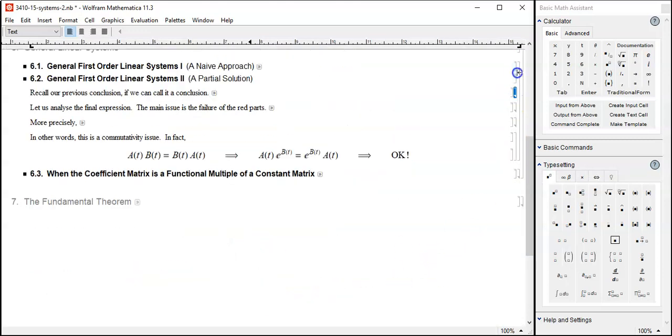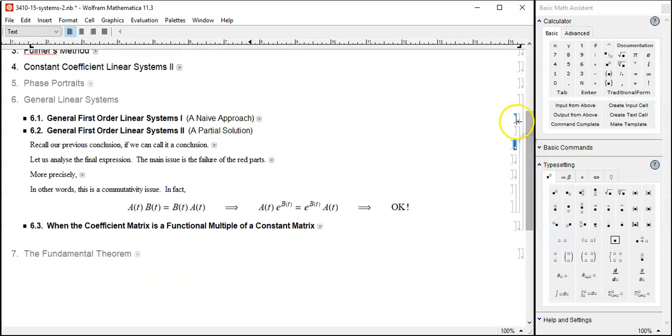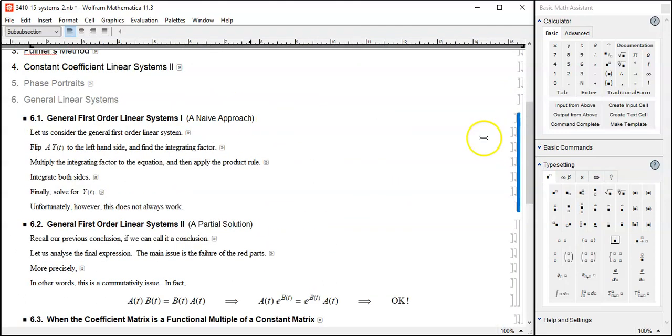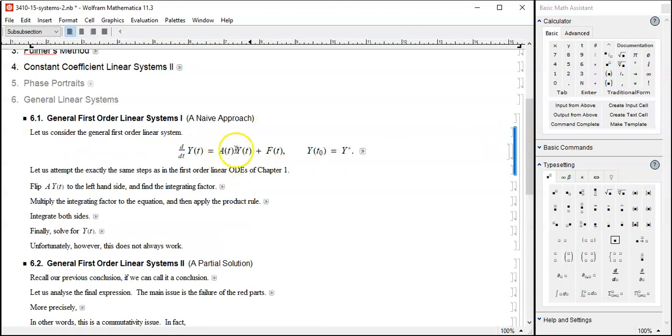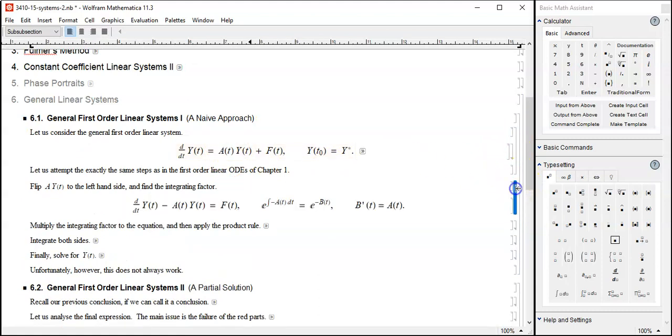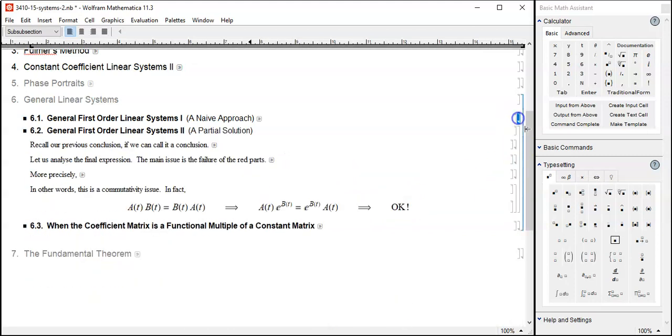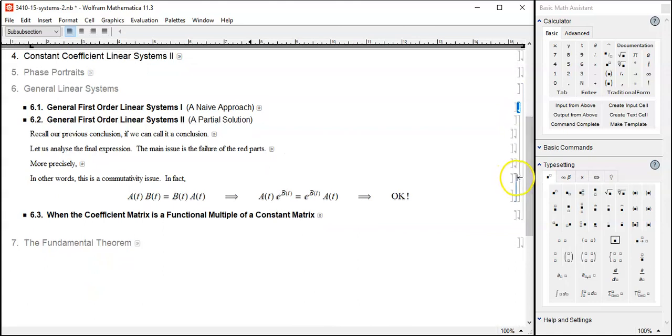So that's the deal. If A of t, the original coefficient matrix, and B of t, which is the antiderivative matrix of A, if those two commute, then no problem. When do they commute? In general, they don't.